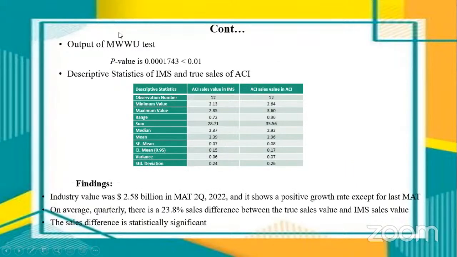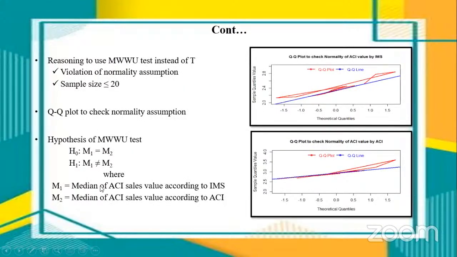Now the output of the Mann-Whitney Wilcoxon test. The P value is less than the level of significance of 1%. That means the null hypothesis is rejected at the 1% level of significance, and the alternative hypothesis is accepted. The alternative hypothesis was that the median of actual value and IMS value is different.